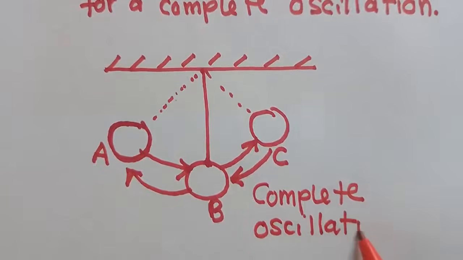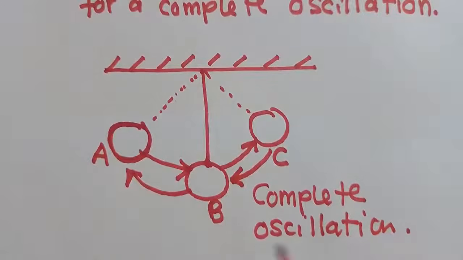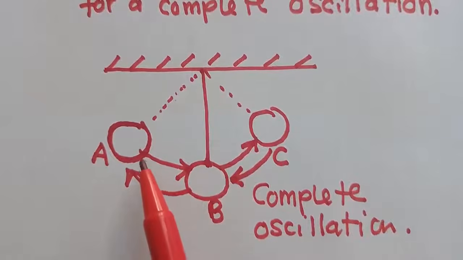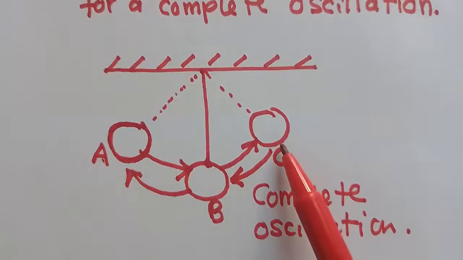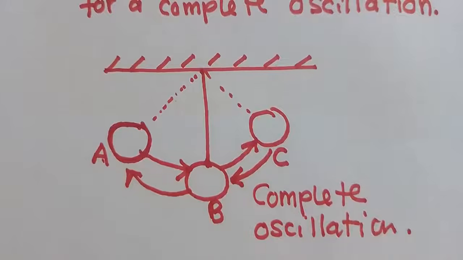So what is a complete oscillation? A complete oscillation in this format is where a bulb moves from A to C and back to A. This is what I mean when I talk about a complete oscillation. Hope you are able to get this. Hope you are able to understand.